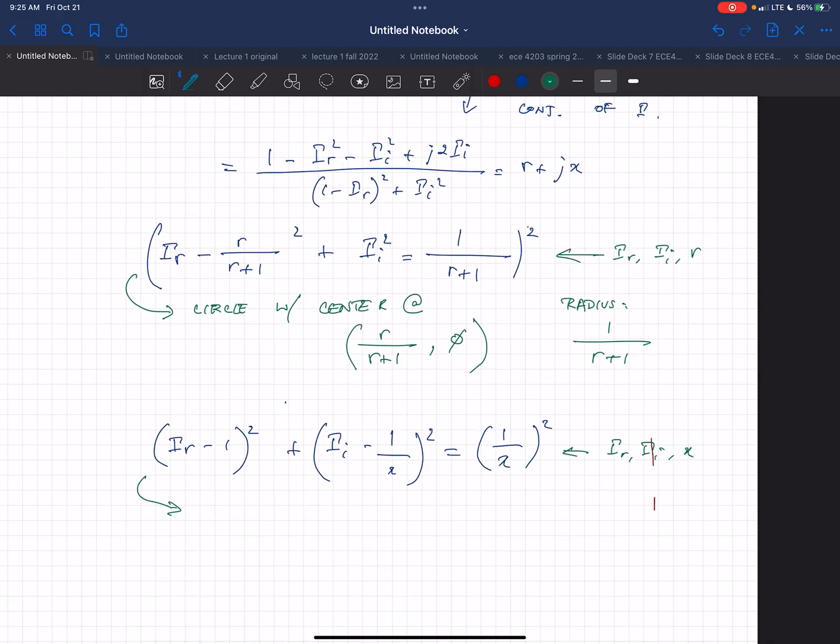And this guy is a circle with center at plus 1, x, and radius 1 over x.